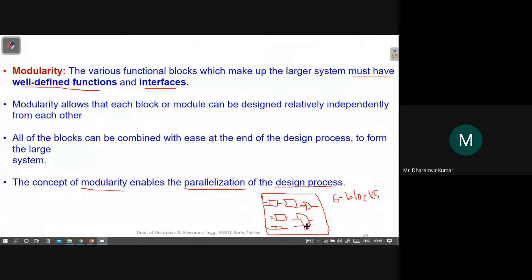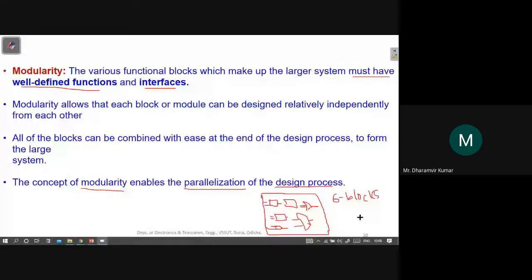Now you can imagine if you have thousands of these kinds of blocks, and you design each of these blocks one by one, then how much time it will take. And if you can use this concept, and you are designing, let's say, 10 blocks at a time by different teams or different individuals, then roughly it will take just 1/10 of the time compared to designing one by one.